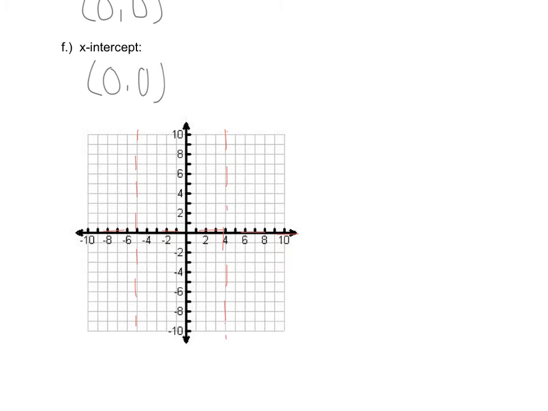So when we go to graph our function, because we know that our x and y intercept is the point (0, 0), go ahead and put a point there.